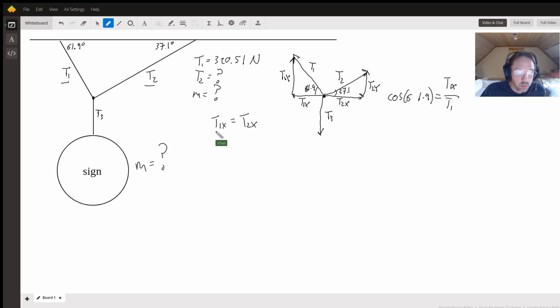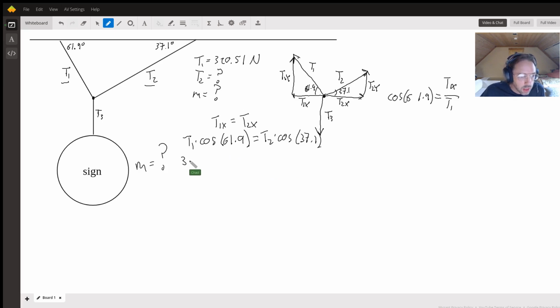So now we have T1x as T1 times the cosine of 61.9, which is equal to T2x. We can get that in a similar way. So that's just going to be T2 times the cosine 37.1.